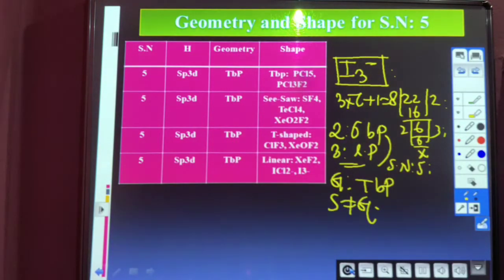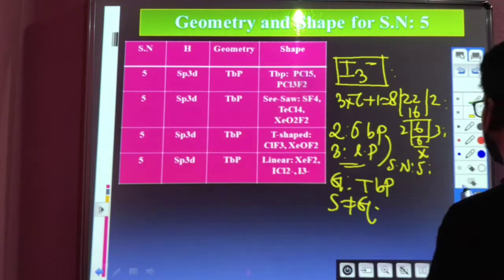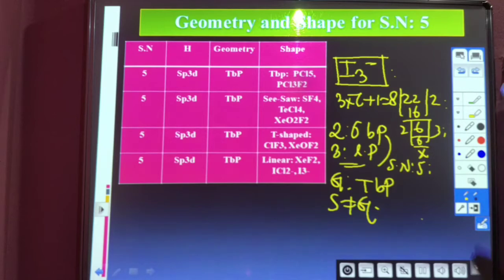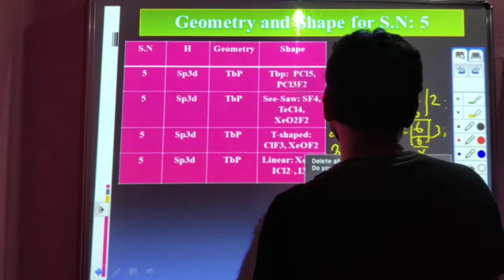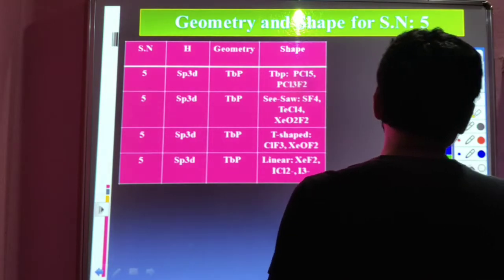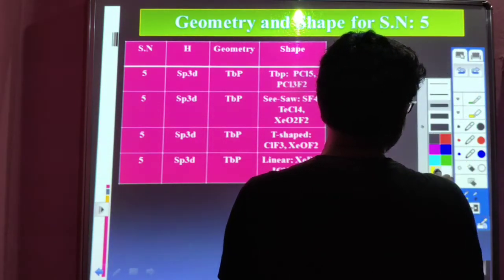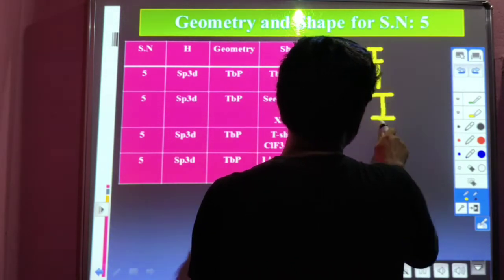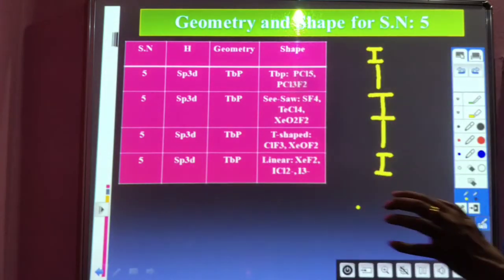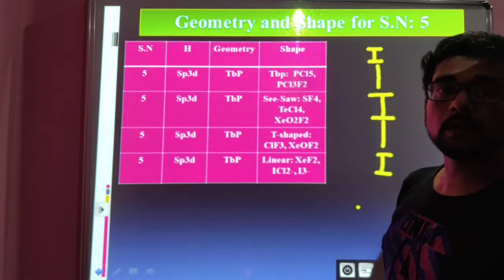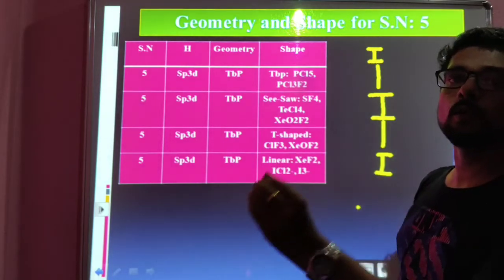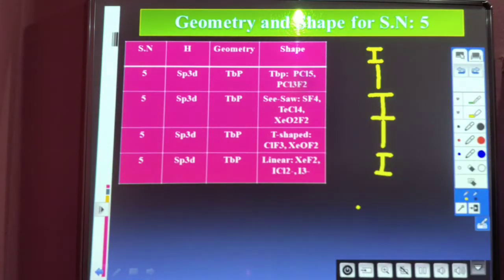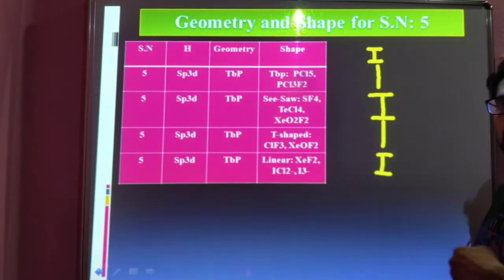Now we will look at the shape. In order to know the shape, after this it's clear to you, right? Let me draw it, I3 minus. But I told you that the lone pair will try to occupy a position where the percentage of S character is more. Where the angle is greater, the lone pair will stay. The lone pairs will be in equatorial positions, because here the angle is 120 degrees.